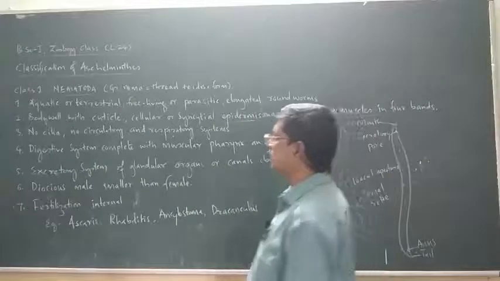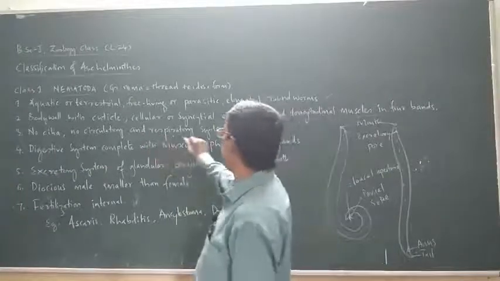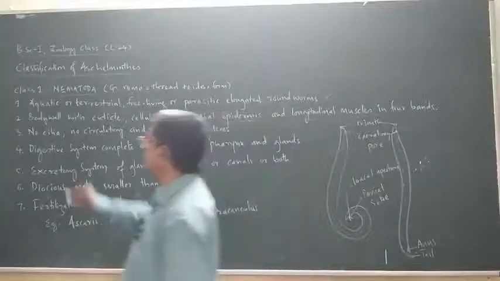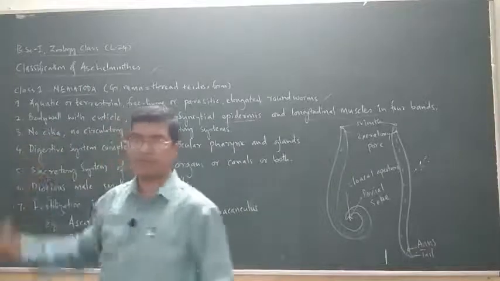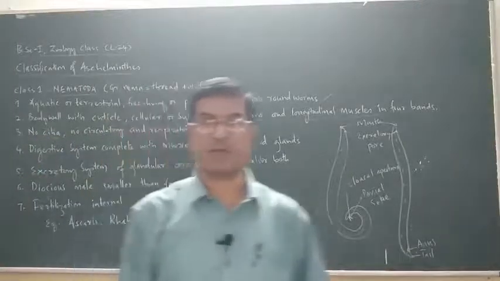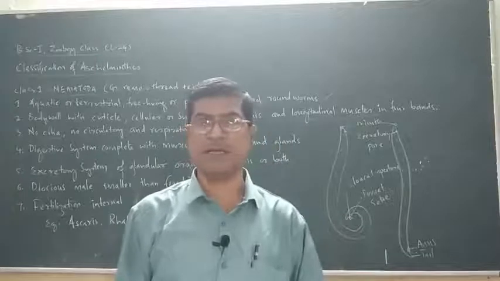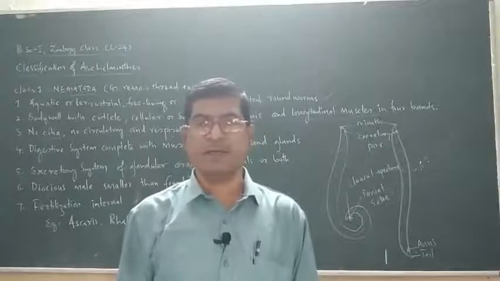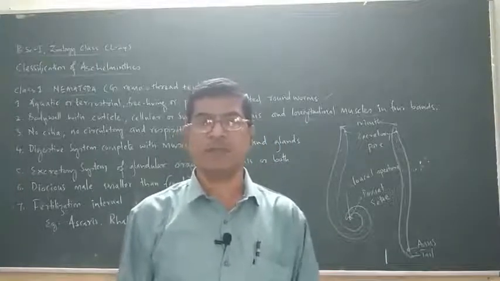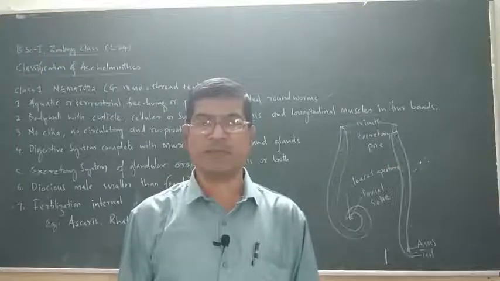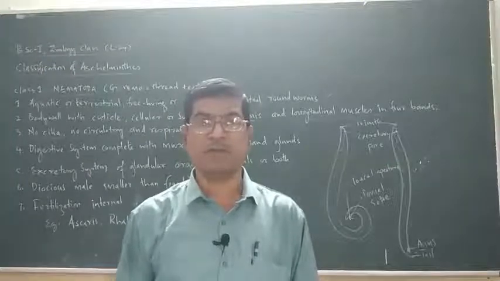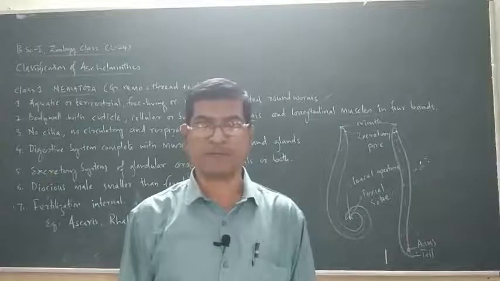Next, no cilia, no circulatory and respiratory systems. Cilia are not there, because the presence of cilia is not necessary here. In parasitic forms, parasites live in the body of other host animals.